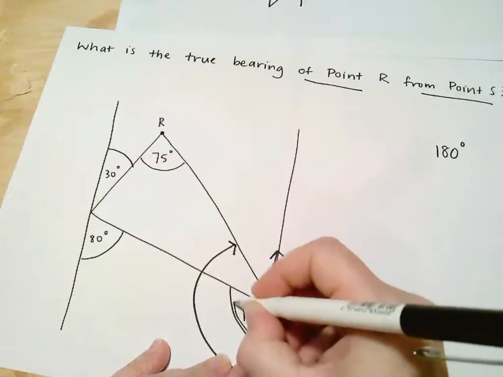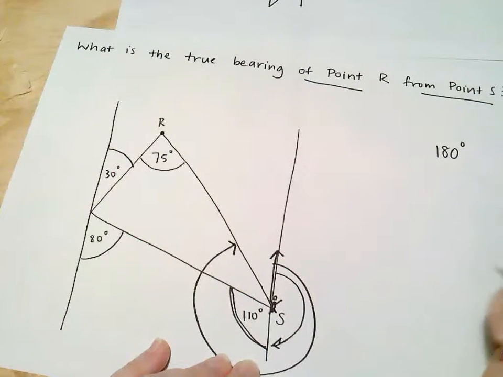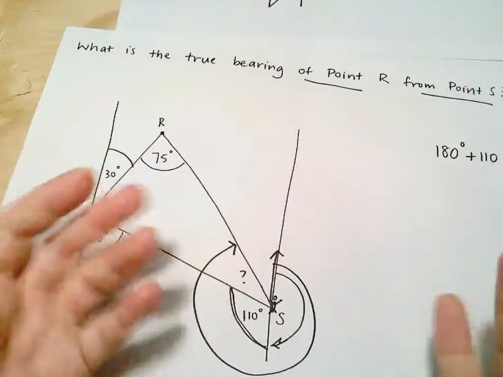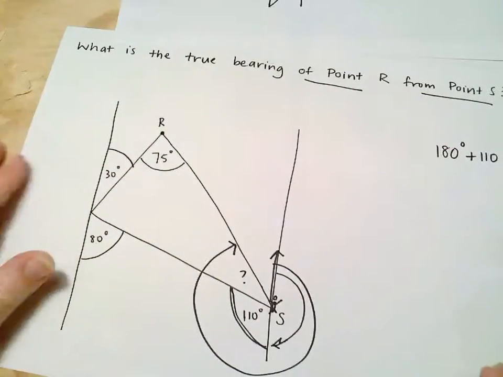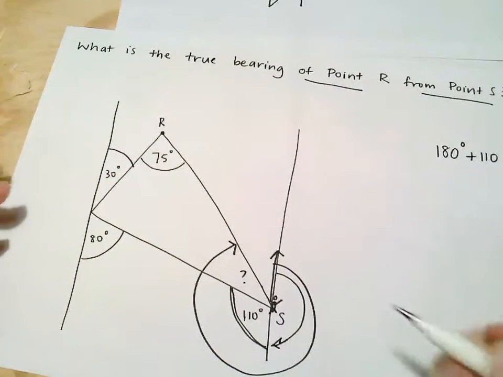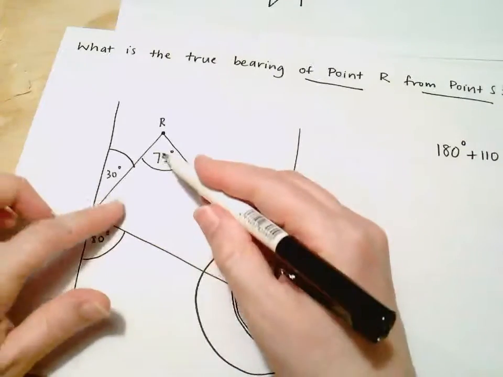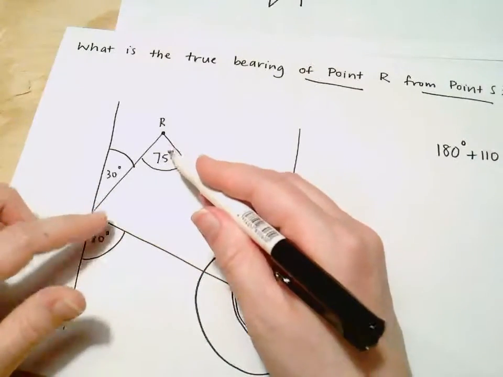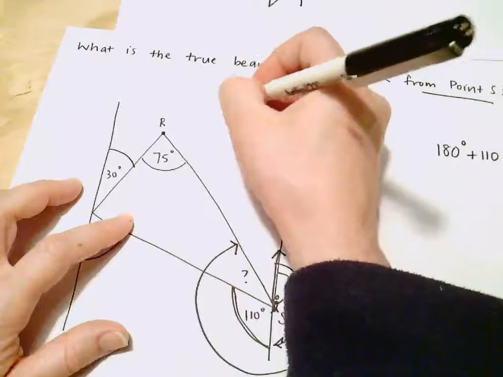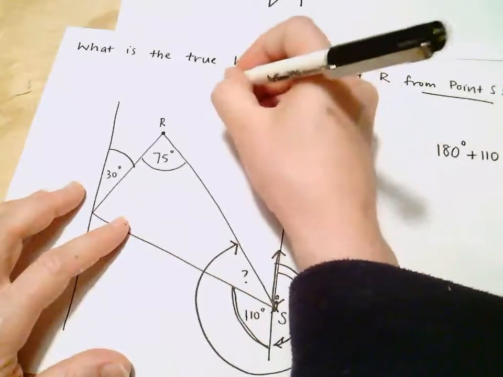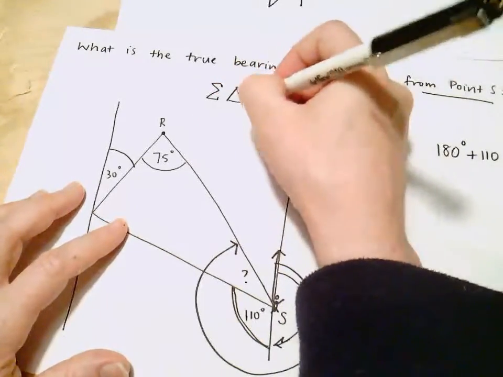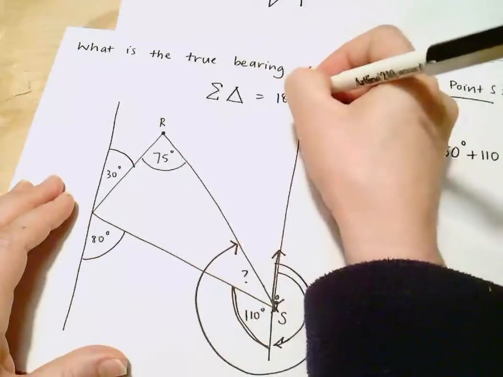I know that this bit here is 110, so that's good. So I know that I can add on 110, but I need to know this part here. So presumably the other information is going to be useful to me. I can see that in order to work this out, I need to know these two angles, because I remember that the angle sum of a triangle adds up to 180.